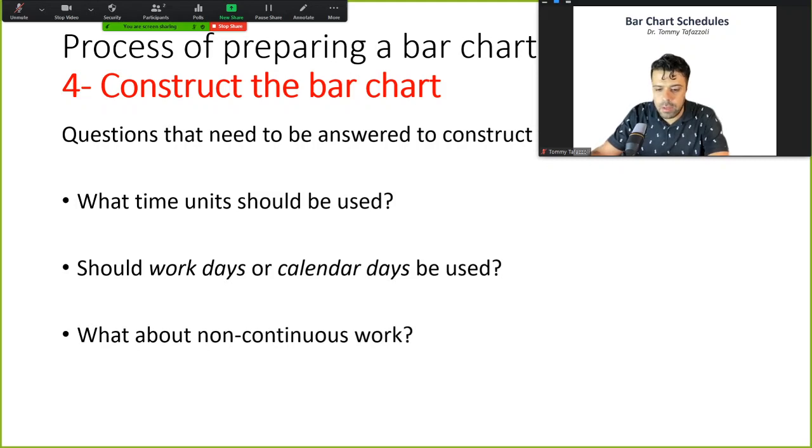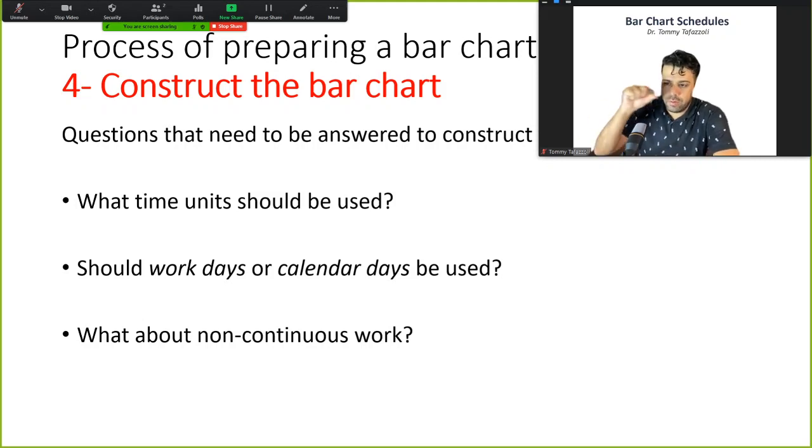And what about non-continuous work? Sometimes there are some pauses in one activity, and the bar chart shows a continuous activity. It cannot show interruptions. So obviously for the third one, if the activity is discontinuous, then you can break it down into smaller continuous activities, because that makes following the bar chart a lot easier.